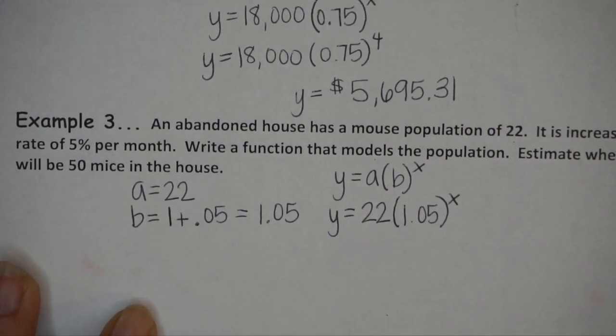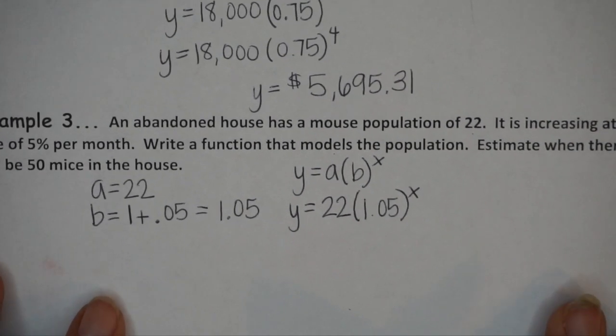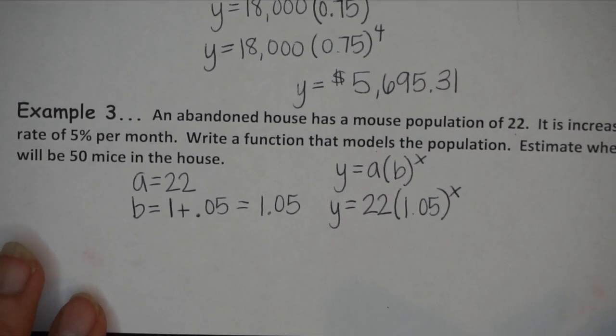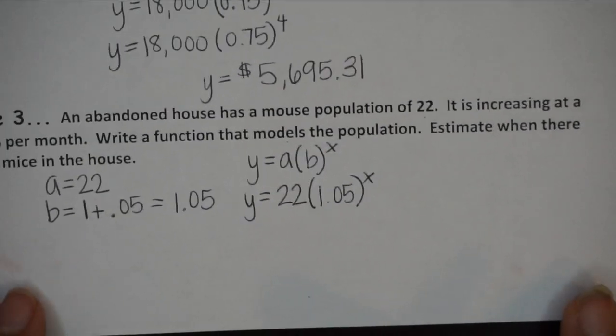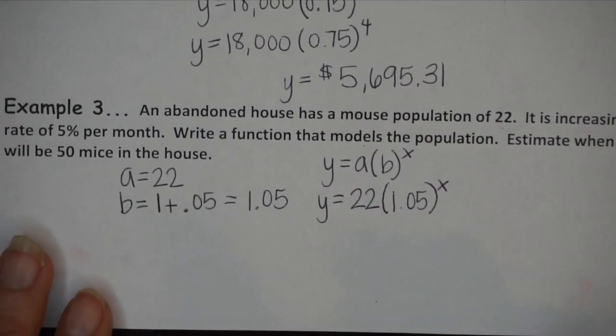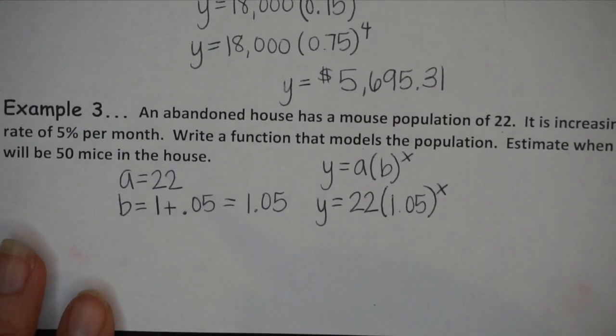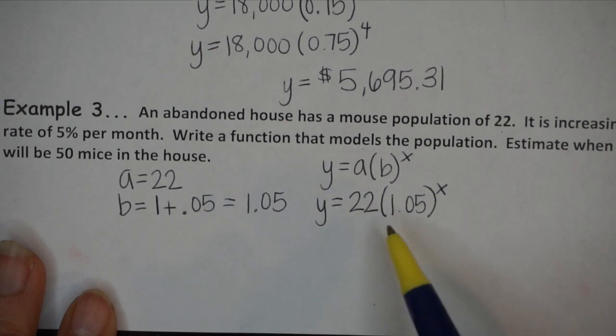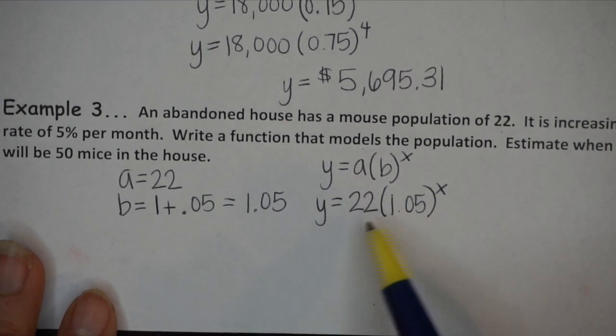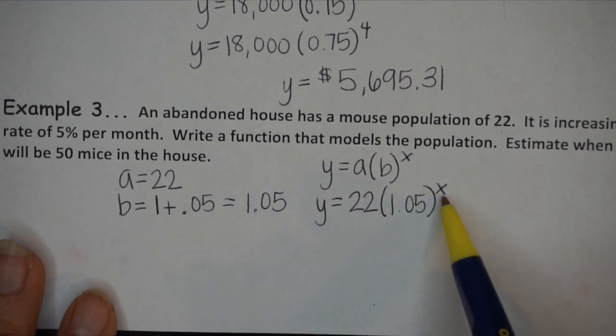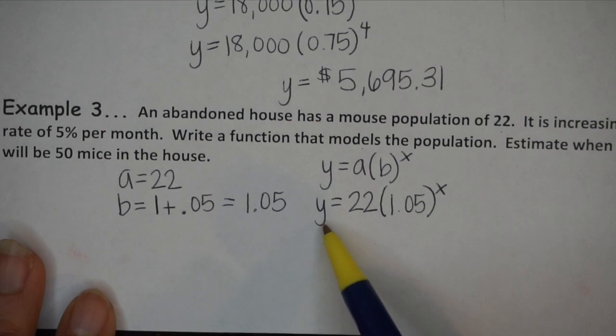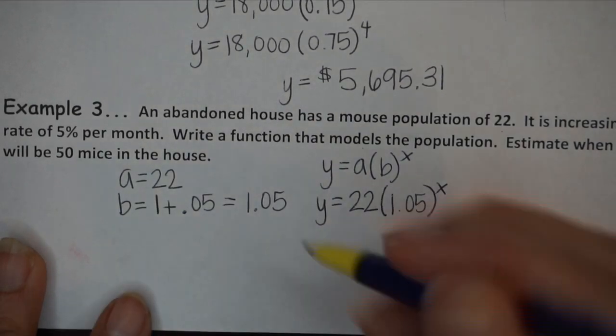Now, they're asking us to do something a little differently on this one. They're asking us to figure out how many months it would take for there to be about 50 mice in the house. So instead of plugging in 50, 50 does not represent the months. We're actually going to solve for x, and where we're going to place our 50 is in the y value.